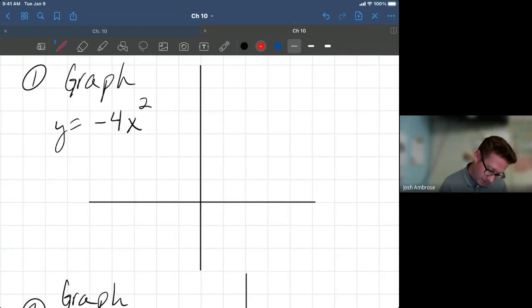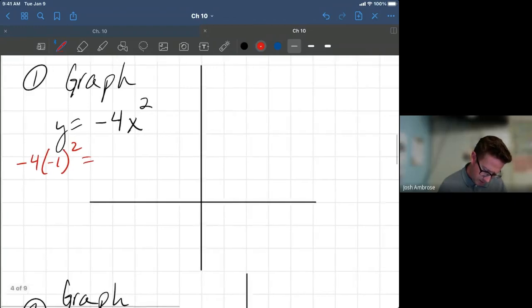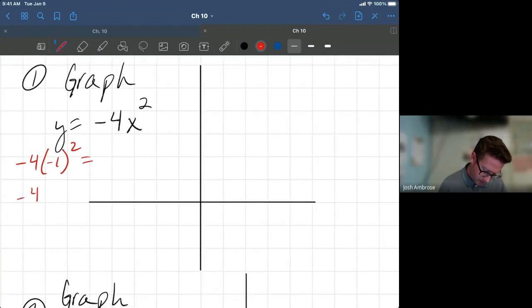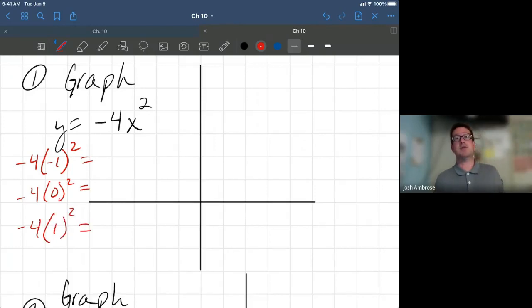All right, so plug in -1, you have -4, then -1 squared. Then we're going to plug in a 0, which, by the way, is nice because that's always going to work out to be 0. And then we're going to plug in a +1. Something you should remember: anytime you square a number, it will always become a positive.